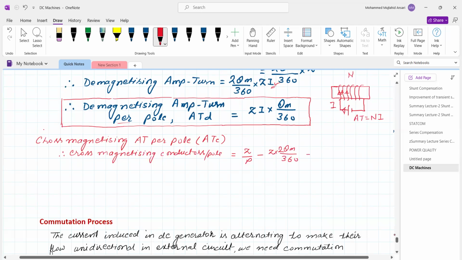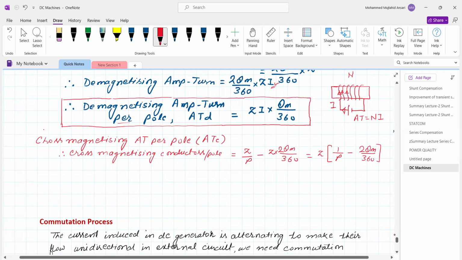So Z is common, and it is 1 upon P minus twice theta m upon 360. So these are the number of conductors.